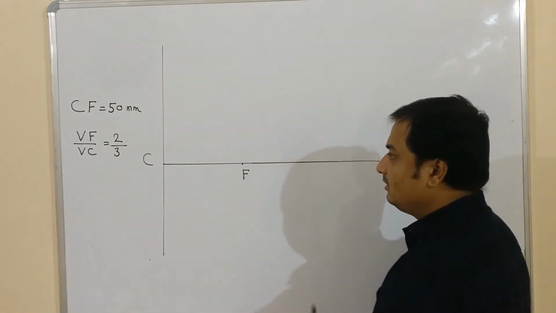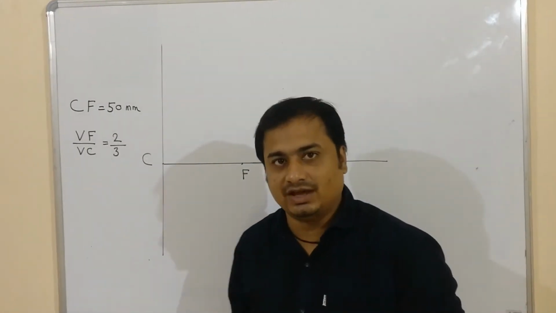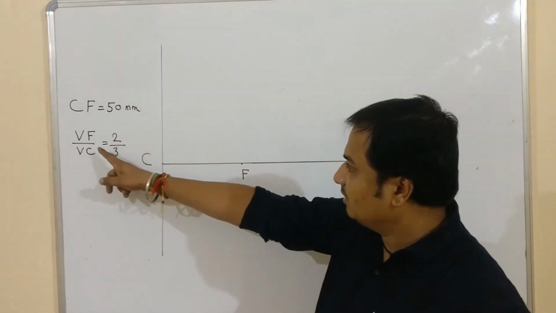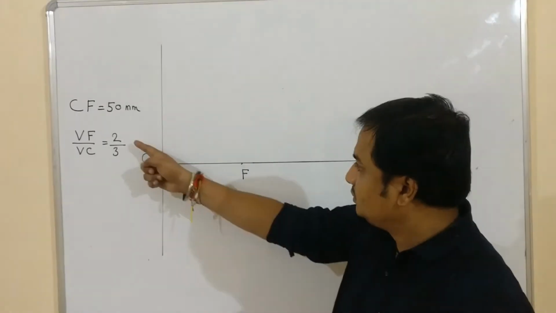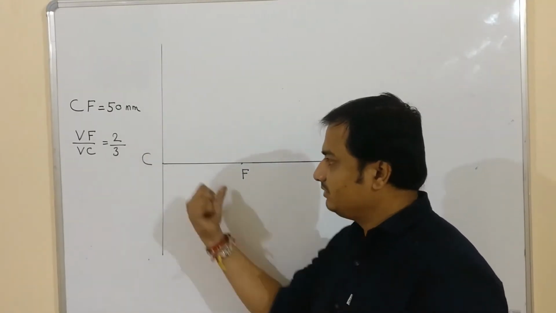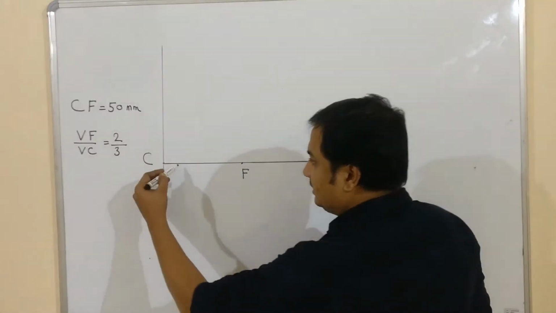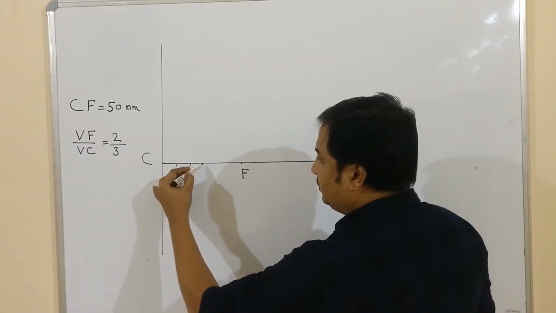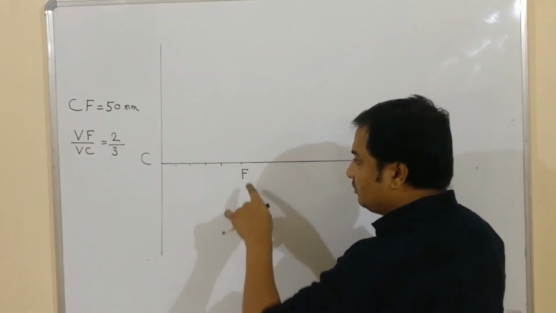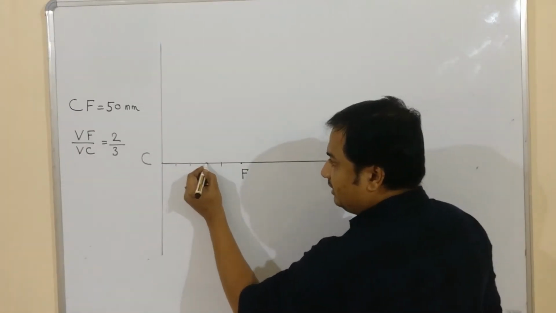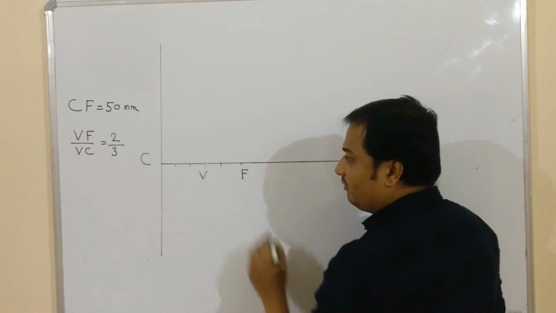Now divide the CF into 5 equal parts, as we have to plot the vertex, which is 2 units from the focus and 3 units from the directrix. So divide CF into 5 equal parts: 1, 2, 3, 4 and 5. From the focus, the second unit will be this one. So this is the location of the vertex.